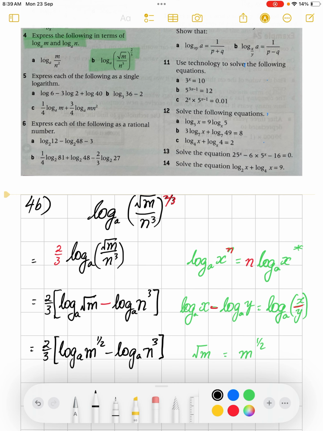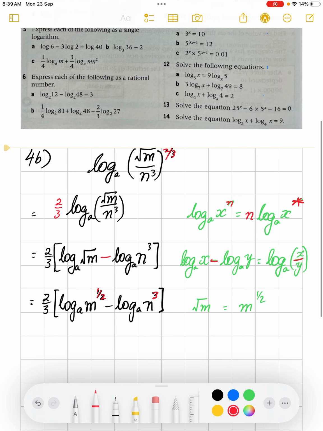Now you can see I'm going to take that half and that cube and apply the rule that we wrote up here, where there's a power, you can multiply that down. So here we go. The 2/3 stays in front of the bracket, and that half is multiplied by the log of m, minus 3 times the log of n.